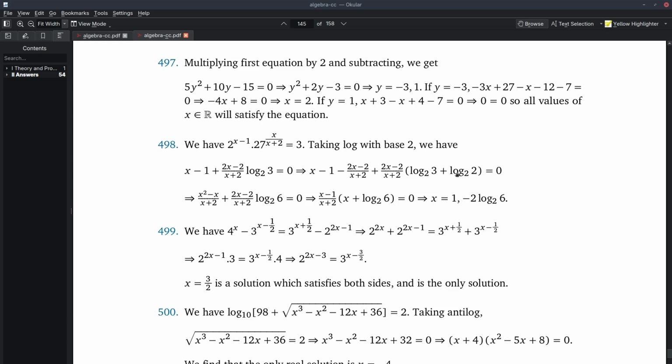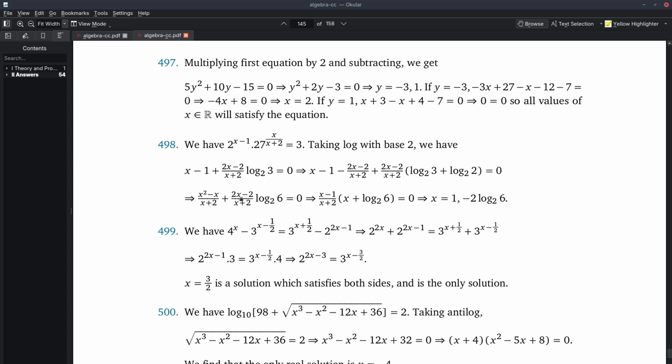So this becomes log 6. So our entire equation becomes x square minus x, you take LCM here, by x plus 2 plus 2x minus 2 by x plus 2 log 6. Once we have that, we take x minus 1 by x plus 2 common, and we get x plus log 6 with base 2. So you need to do the simplification here.